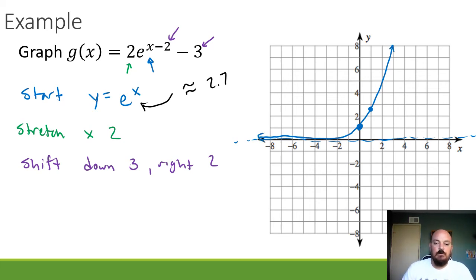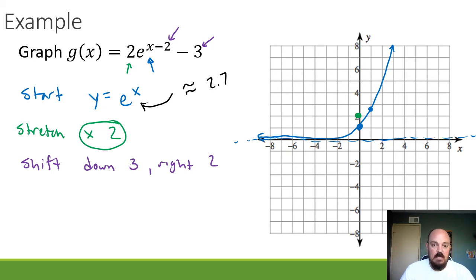All right, step 2, we're going to do our stretch. Now, when you're stretching times 2, just focus on the 2 points. Take the height or the y value of each point and multiply it by 2. So right here, that first point, instead of 0, 1, is going to be 0, 2. That one moves up 1, basically. And the second point, the height was 2.7.